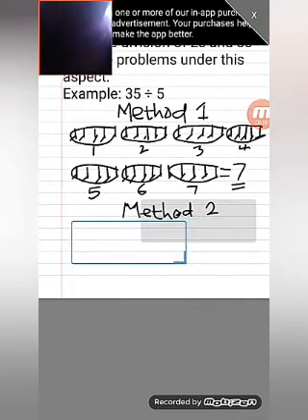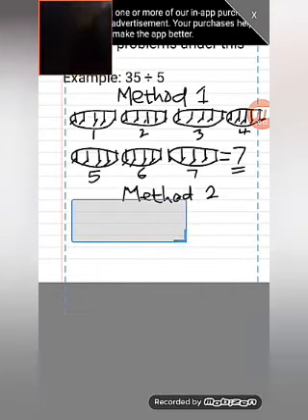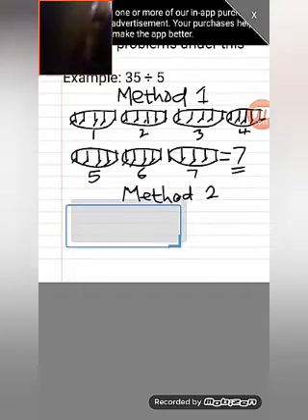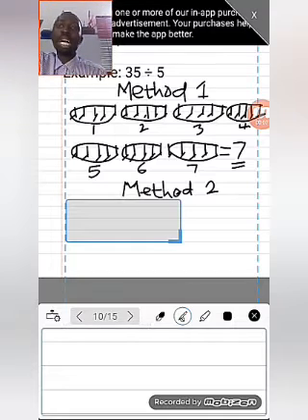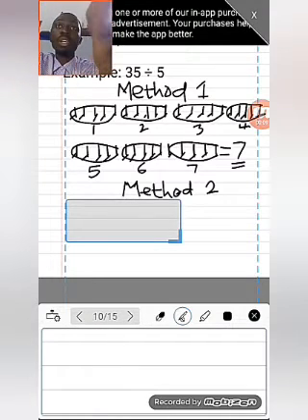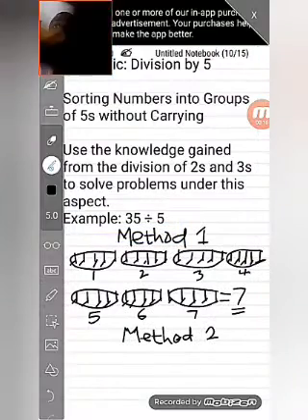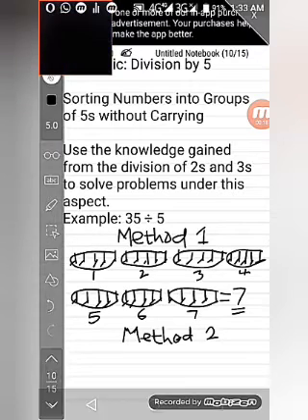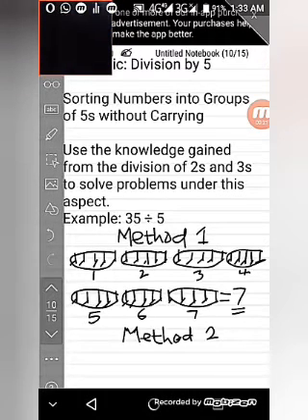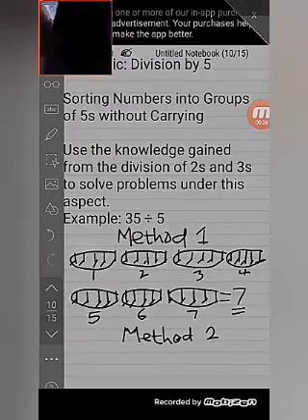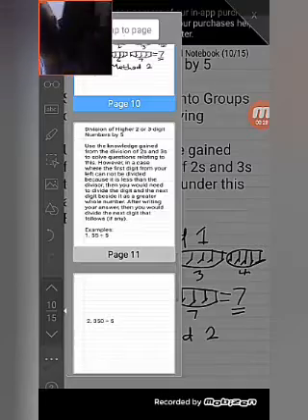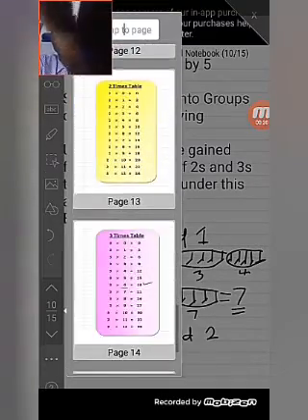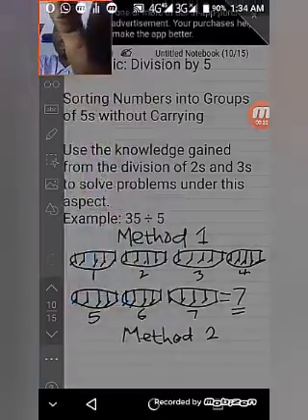So what do we do now? We check 35 divided by 5. We need to go to our multiplication table of 5 chart and see the number that 5 can multiply to get 35. Here we are.